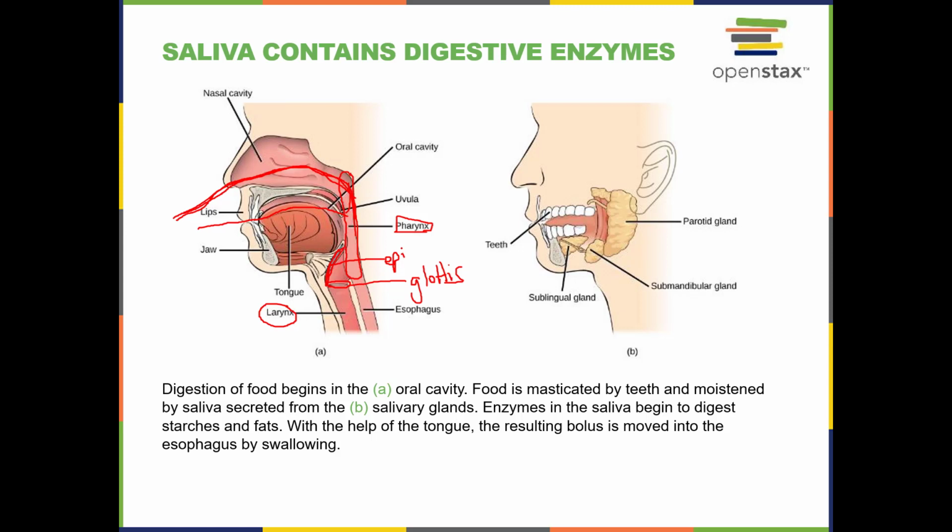And then the larynx is the first section of the trachea, sometimes called the voice box. The front part of it is also called the Adam's apple because for some people it kind of protrudes through their skin a little bit, but that's the larynx. So the larynx is kind of the first part of the trachea, and that leads down to the lungs.